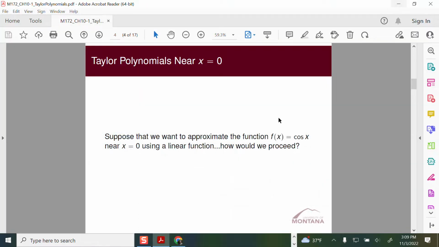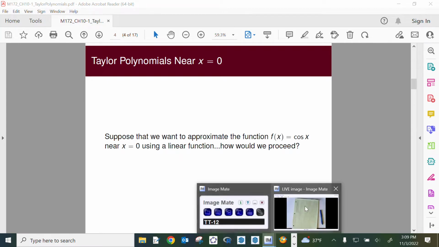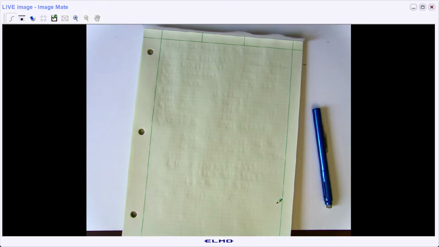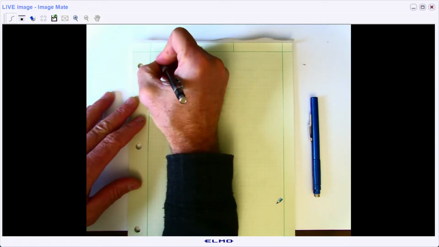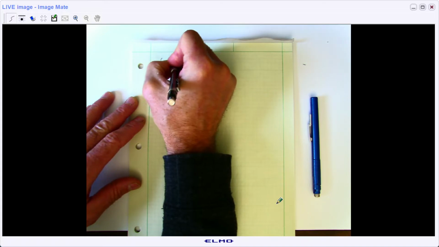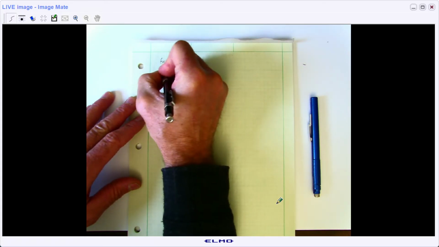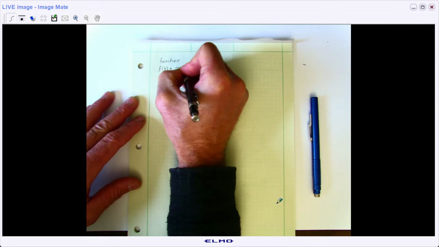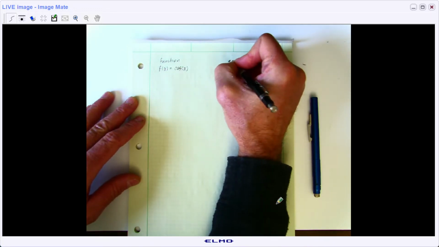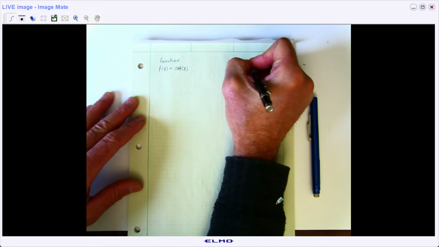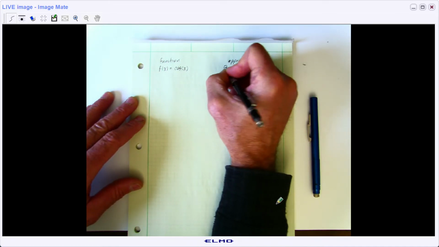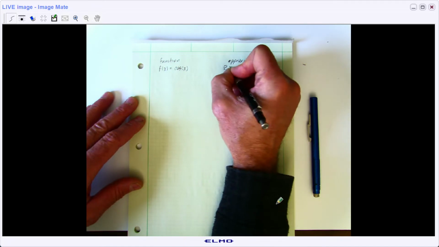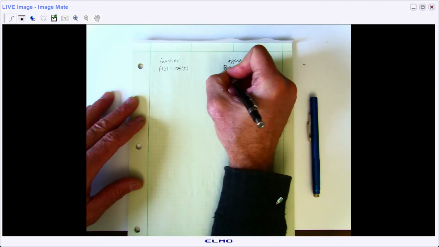Okay, so I'll go ahead and get my Elmo cam out and we'll start talking this over. Okay, so here's the idea. We have a function f of x equals cosine x, and we have an approximation, and the approximation we want to be a linear function, so I'll call it a polynomial of degree 1, since we're after polynomials eventually.